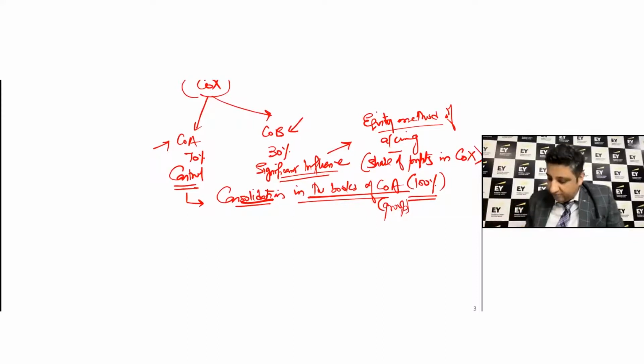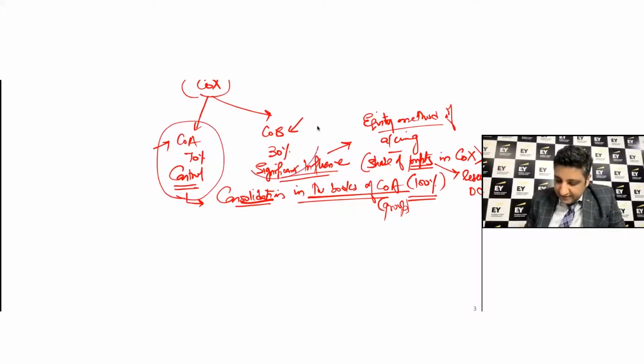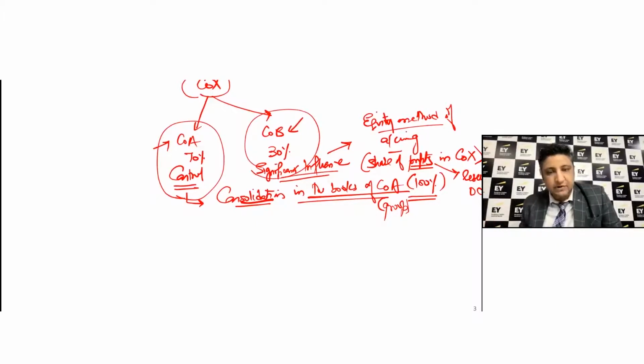When I say the word profits, I would also want to include any reserves or the items appearing in other comprehensive income. So A consolidates 100%, but B takes its share of the equity from company X's perspective.